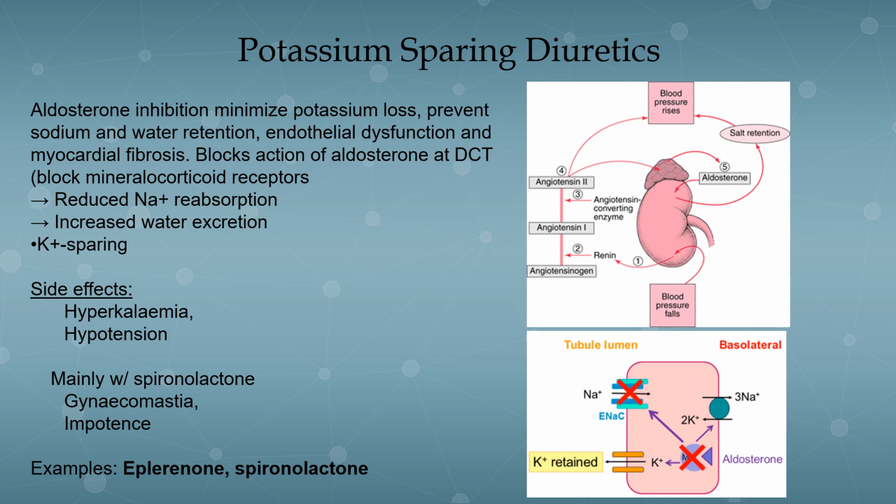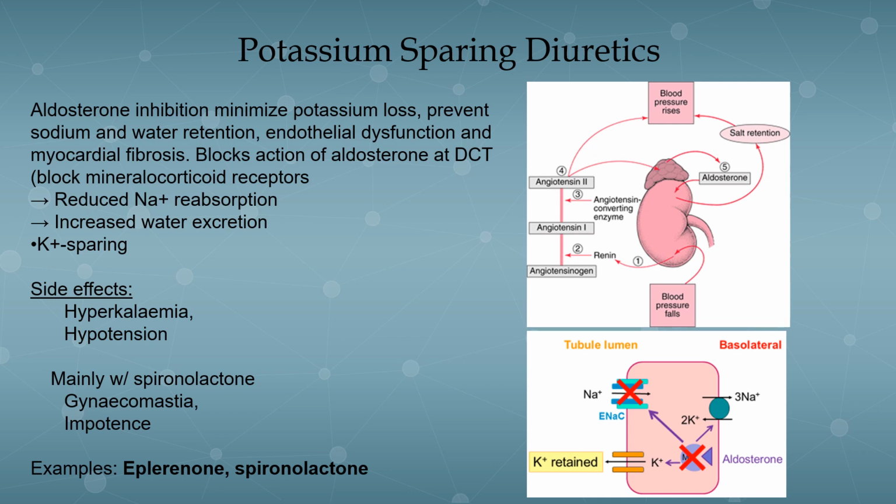Okay, so now what will happen when you give the drugs which are going to inhibit this action of aldosterone? There is no retention of sodium as such, so there is no loss of potassium because this exchange will also not take place, and potassium will be retained.